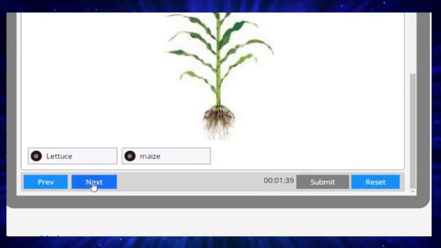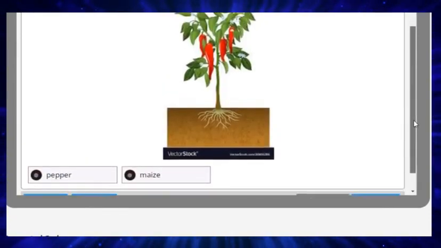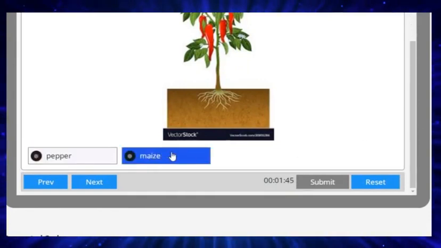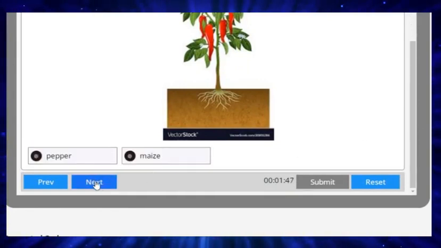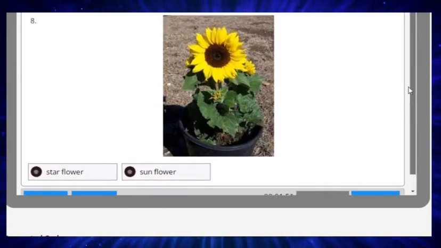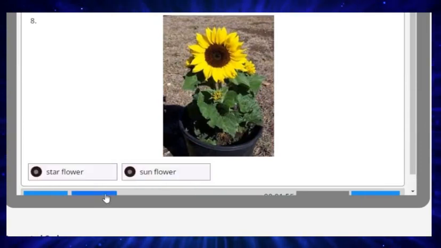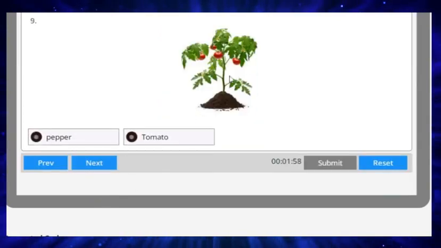Okay, let's move on. Which plant is this? Is it pepper or maize? Which plant is this? Is it starflower or sunflower? Which plant is this?